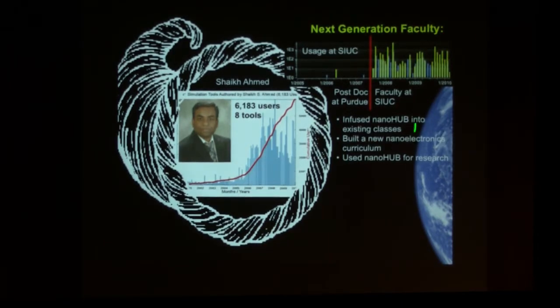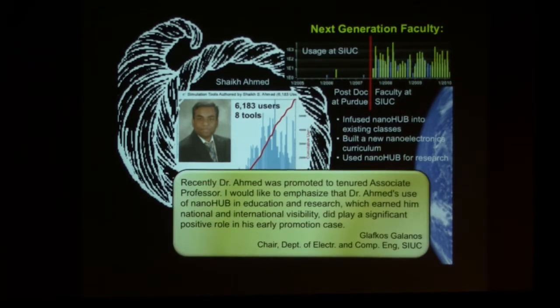And he integrated nanoHUB into his existing classes. He built a new curriculum and used it for research. Remember when I said SPICE and SUPREM started to migrate away from the origin and went into other sites? So this is an example of that. And the reward he got was he was promoted with tenure after 2 years versus 5. That's not bad. So it starts to form incentive systems for people to integrate and to innovate.